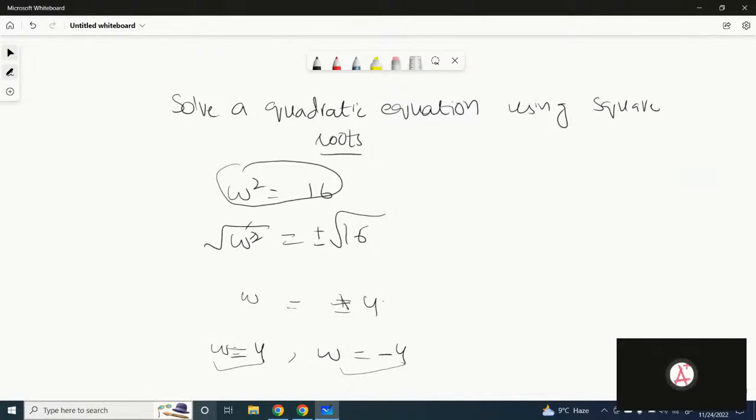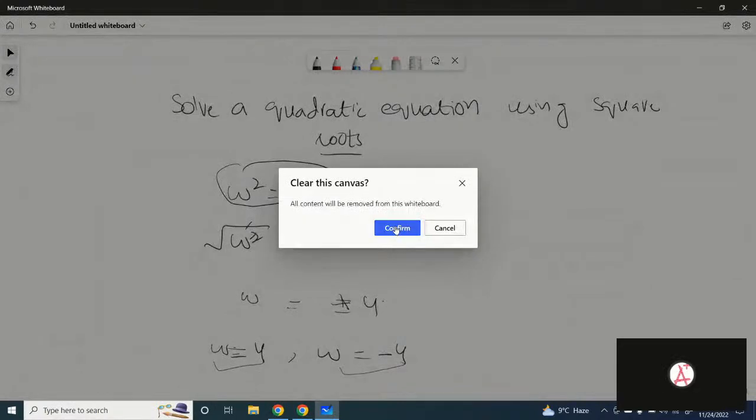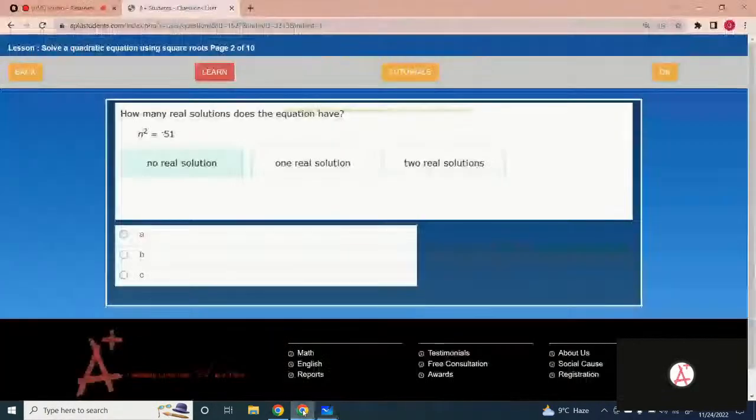Okay. Now the next question is n square equals negative 51. Got it? So the equation has no real root because you cannot find the square root of negative numbers. So the equation has no real roots.